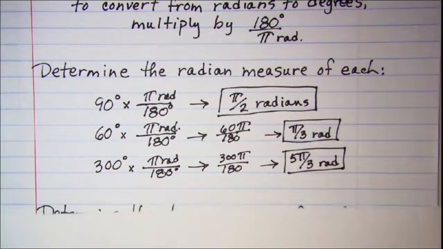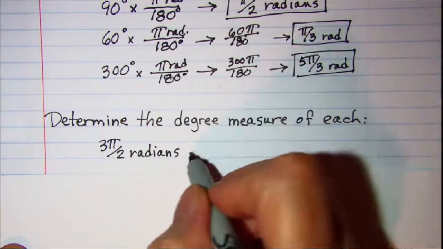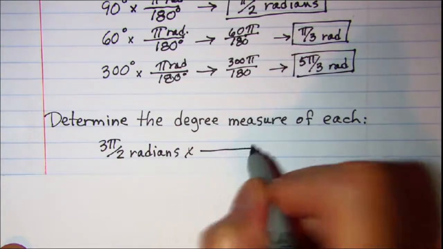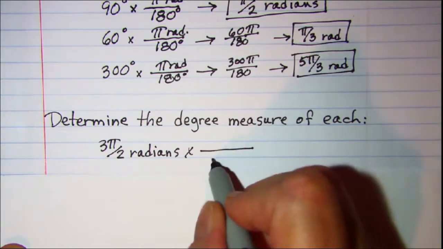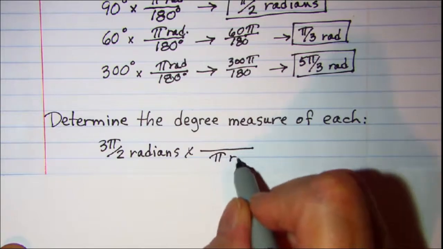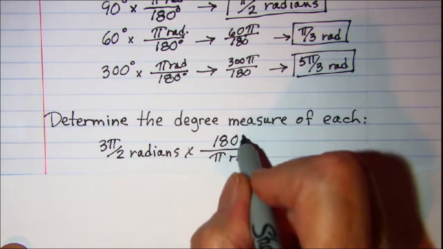Now if we're converting from radians to degrees, this time we want to multiply by the unit multiplier that has radians in the denominator. So we have pi radians, and that's the same as 180 degrees.